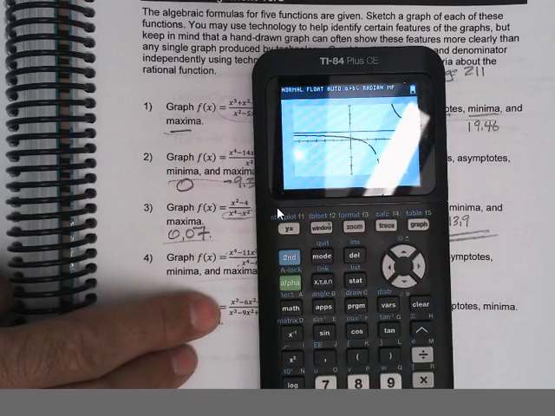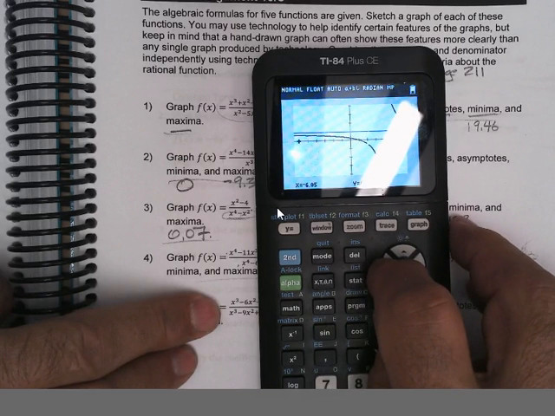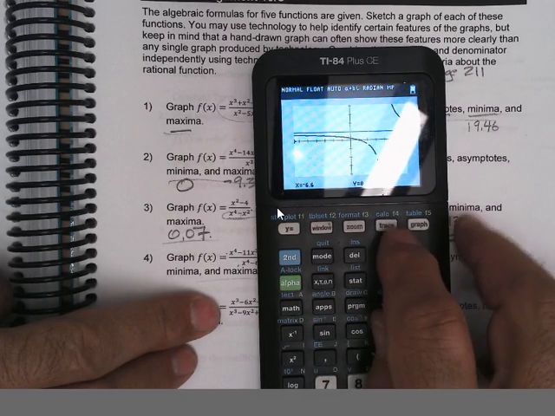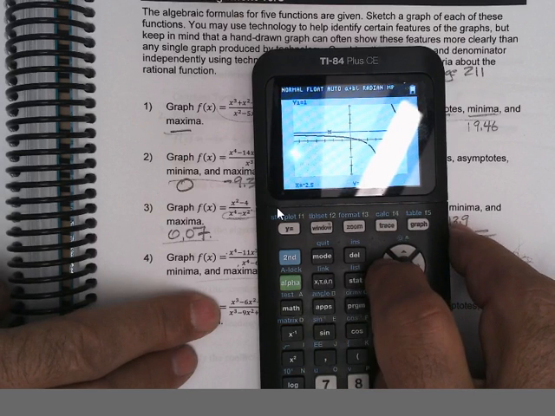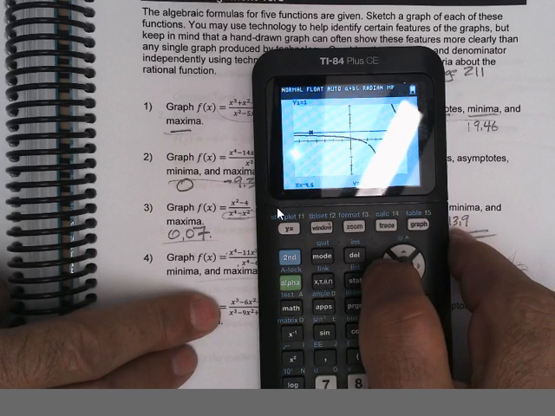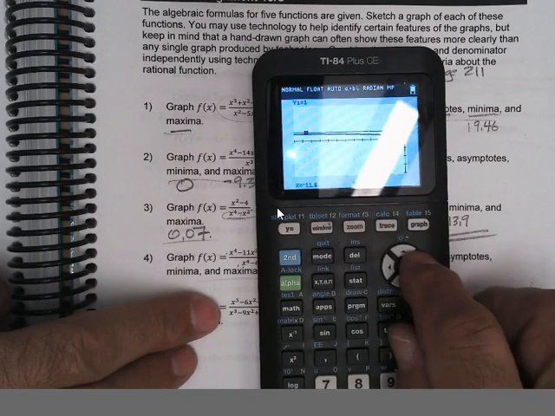So there's that. And I can go this way, and I should be able to keep moving that way. Well, nope. If I go trace and go that way, we can see if it ever goes across this line, but I don't think it does. It's getting closer and closer, but it doesn't go over it. You see how it's not going over it? And I can go the other way.